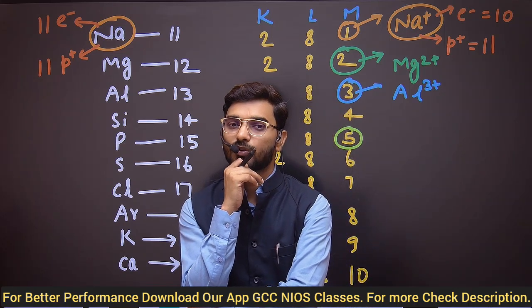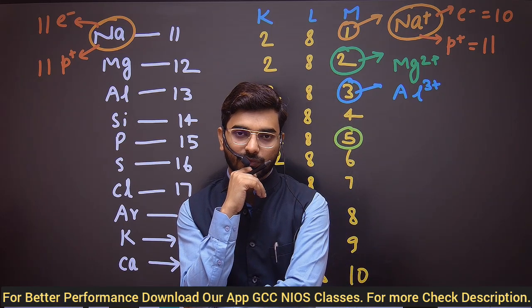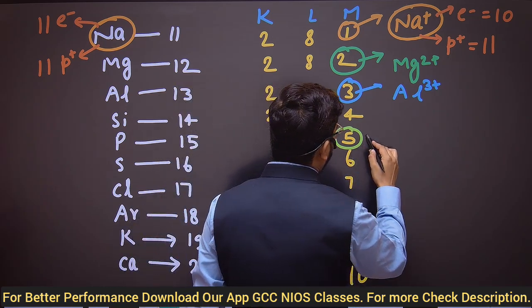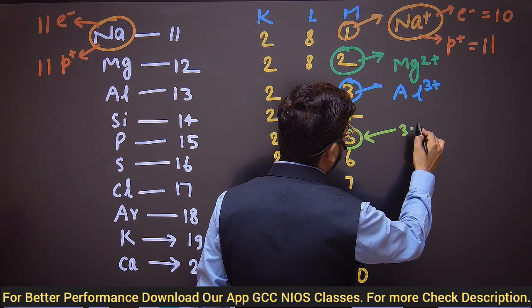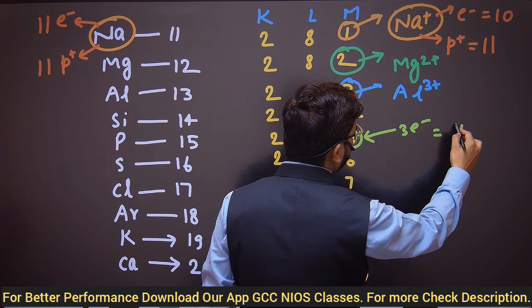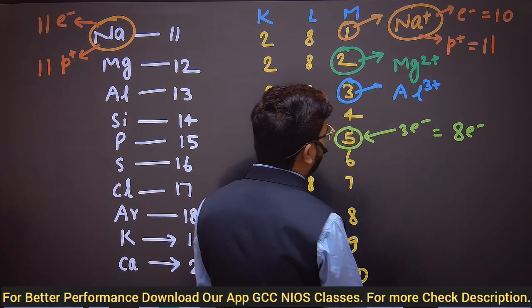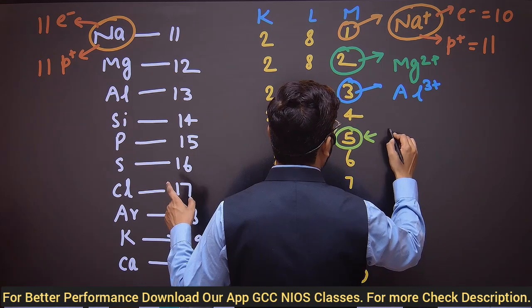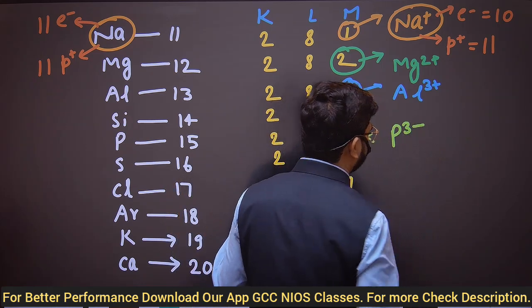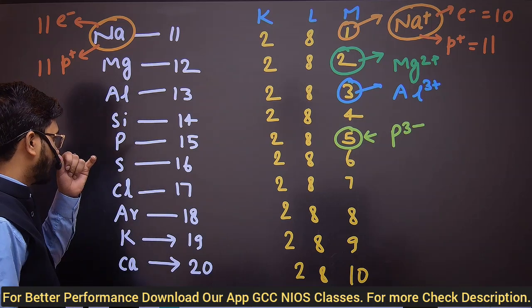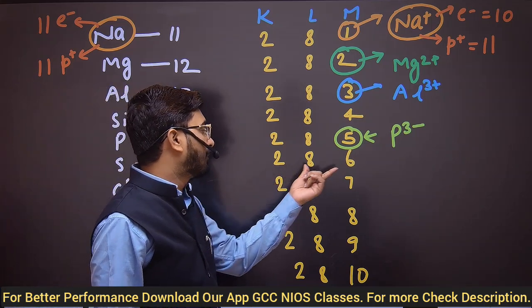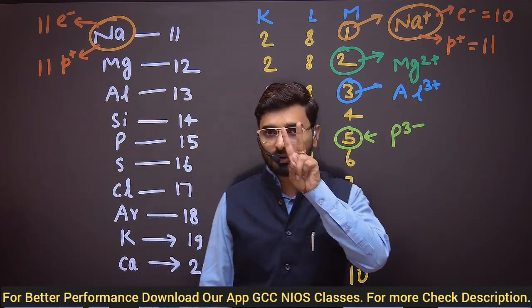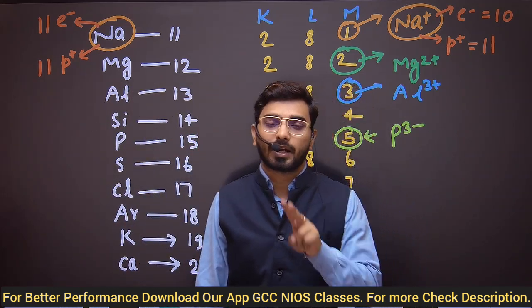So in this case phosphorus will decide to accept 3 electrons from somewhere, to make 8 electrons in the last cell, and the format will be of this type: P3 minus. What? P3 minus. In the case of sulfur we have 6 electrons in the M cell and it requires only 2 electrons to follow the octet rule and get stability.